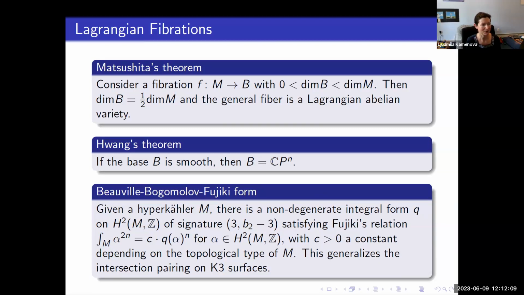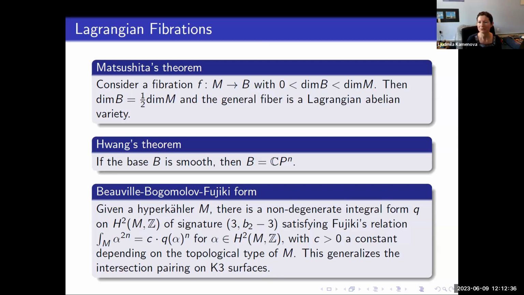It satisfies Fujiki's relation. Basically, if you take a class in second cohomology, its top self-intersection is some positive constant times a power of this quadratic form. And this generalizes the intersection pairing on K3 surfaces.